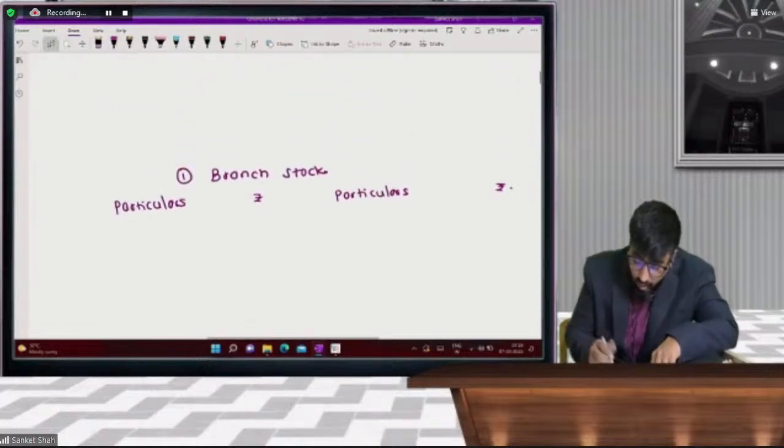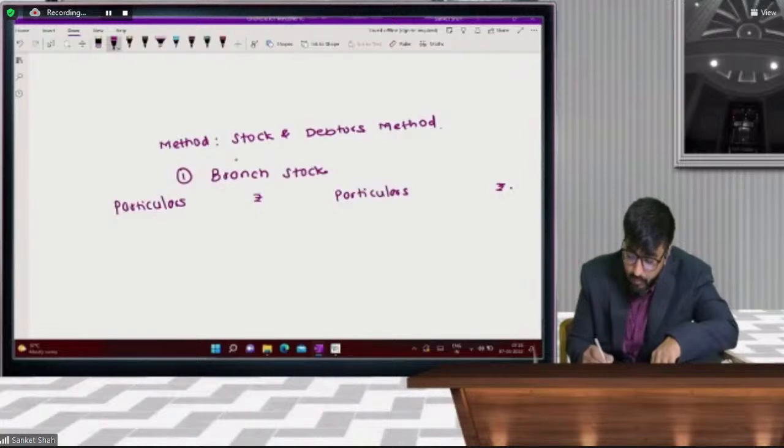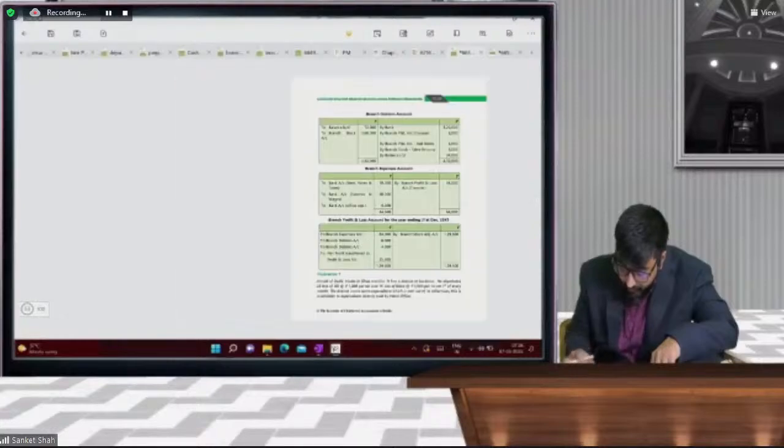So on top, write the method. Method: stock and debtors method. Books of, I think, Buckingham Brothers.